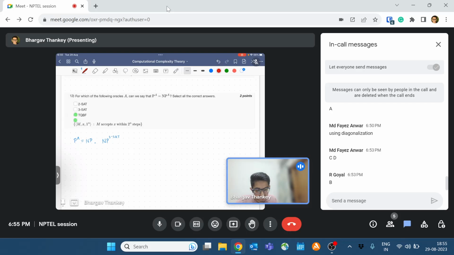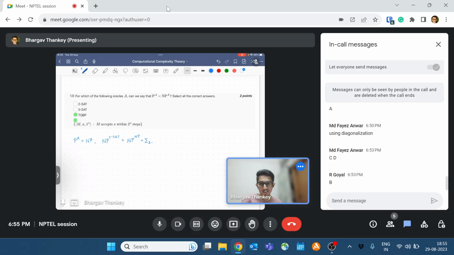I think this class is sigma 2, so this is just NP to the NP, right? Yes, sigma 2. So if 3 SAT were the answer, then it would solve the problem of PH collapse, which is an open problem. So as of now, we can't say that 3 SAT would work.